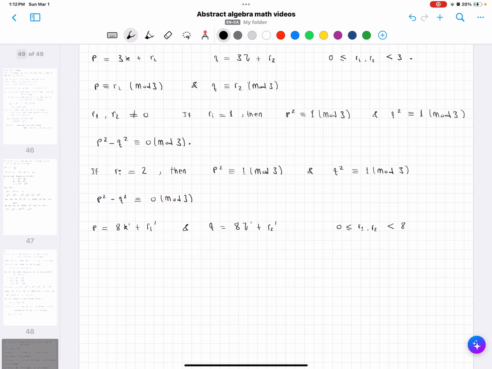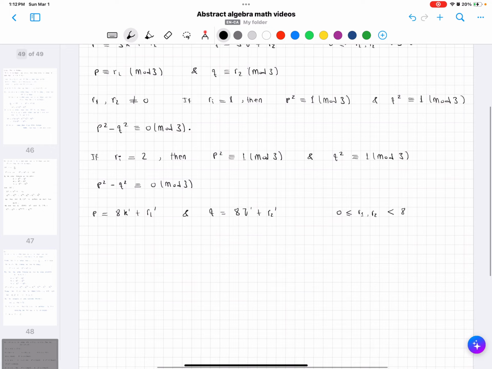Here P and Q are odd, so we cannot have even remainders.